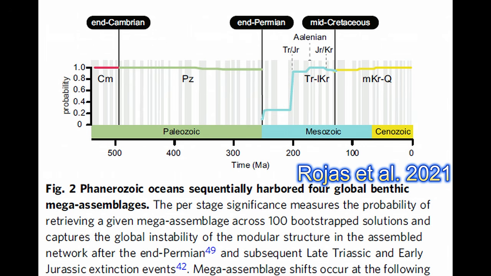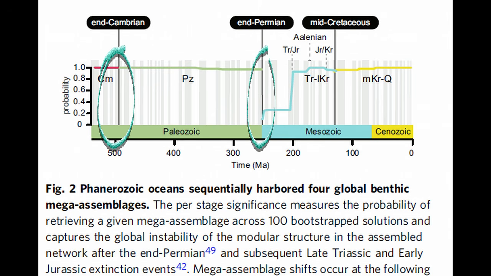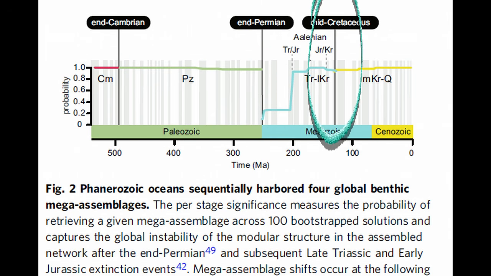And the overturn that they were finding is at the end of the Cambrian, as you'd expect, the end Permian, as you'd expect, and then the mid-Cretaceous is another point of overturn, which is unexpected. That isn't at the mass extinction.